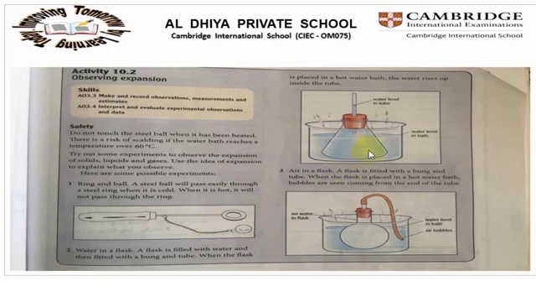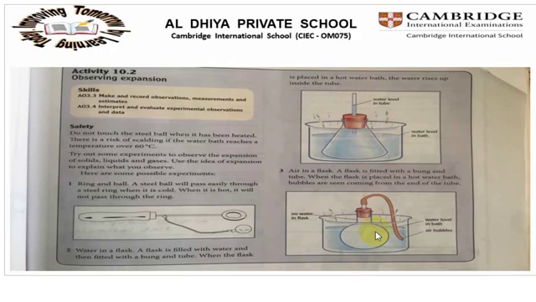What about the expansion in liquids? This is a flask, okay, filled with water, and then fitted with a bung and a tube. When this flask is placed in a hot water bath, the water will rise up inside the tube because of the expansion of the liquid.